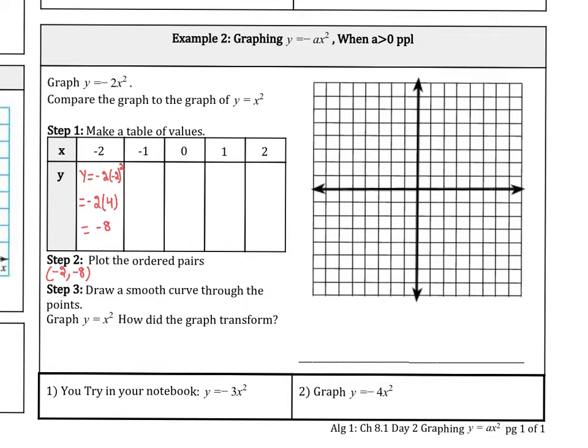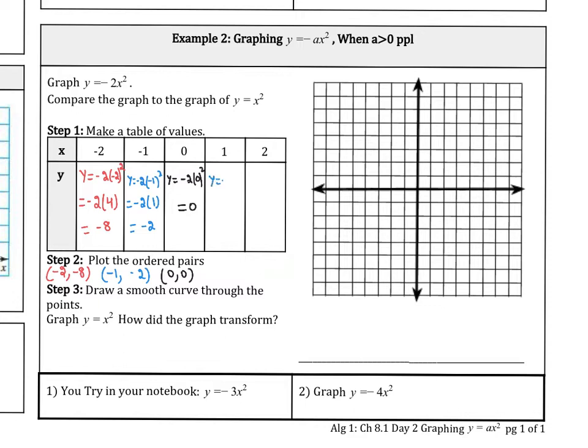My second point: y equals negative 2 times negative 1 squared, that's negative 2 times 1, which is negative 2. And the point is negative 1 comma negative 2. Next, y equals negative 2 times 0 squared, and that's 0. Next point is 0 comma 0.